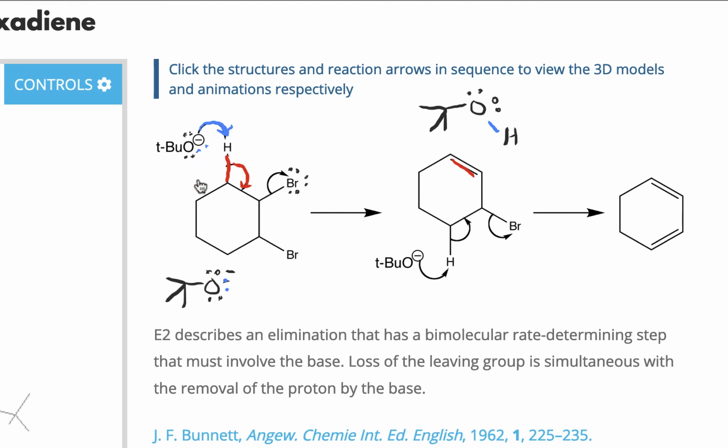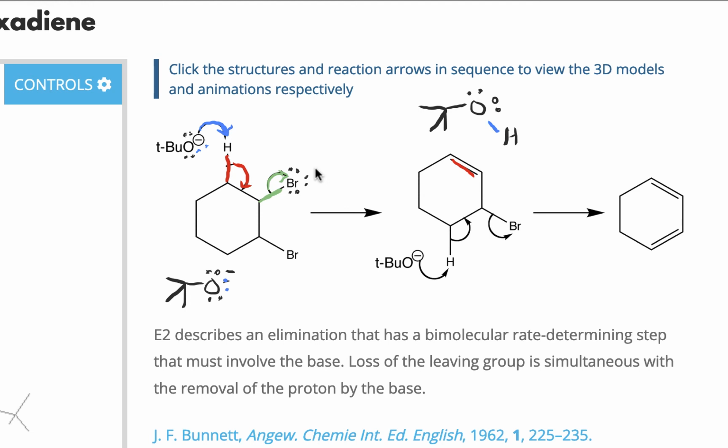So the carbon-hydrogen bond comes down to form the red pi bond over here. And finally, the leaving group falls off. Those green electrons forming that carbon-bromine bond become a lone pair on the bromine.